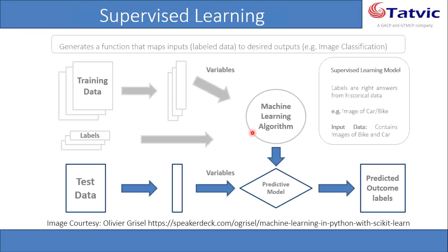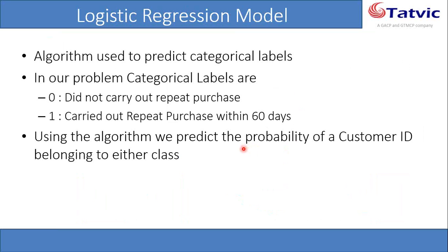With this picture, let me focus a bit on the algorithm we are planning to use for this particular problem, and it is called logistic regression. Now I am intentionally not going into the mathematical details of what logistic regression is, because that would not seem very interesting to the audience. I'm focusing on what the model does.